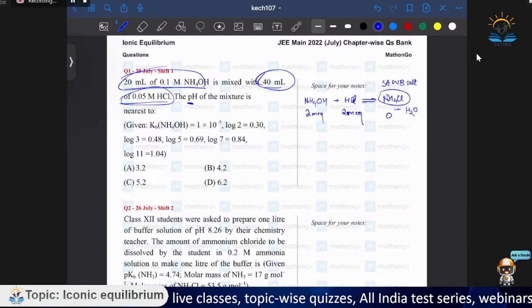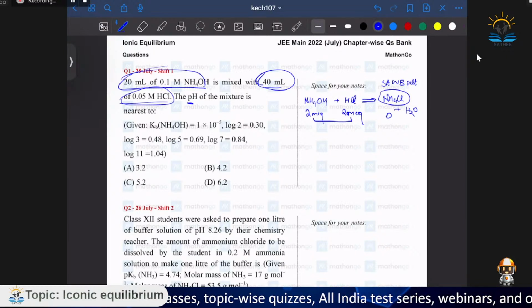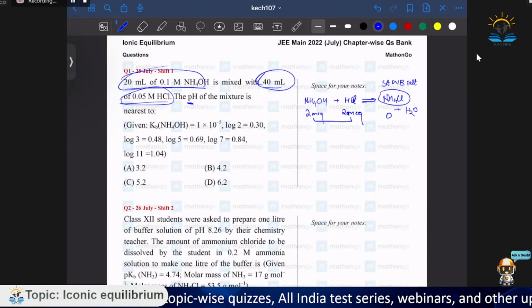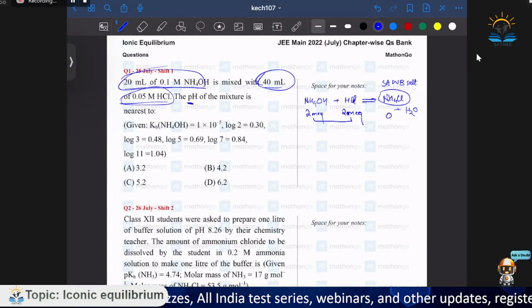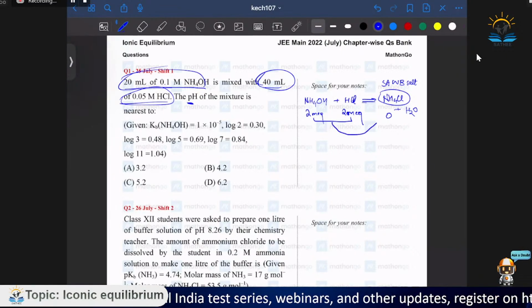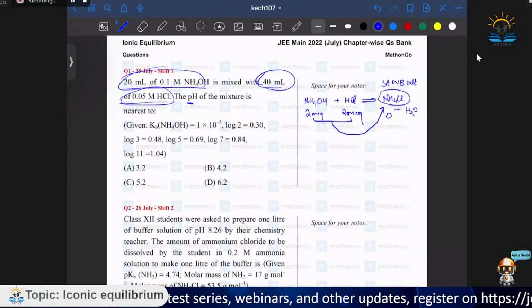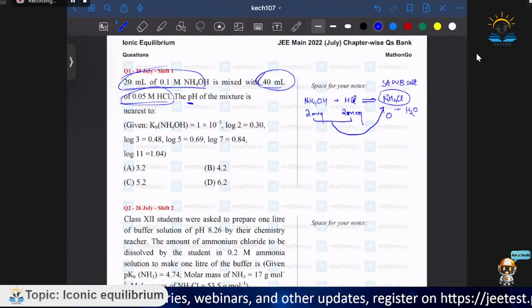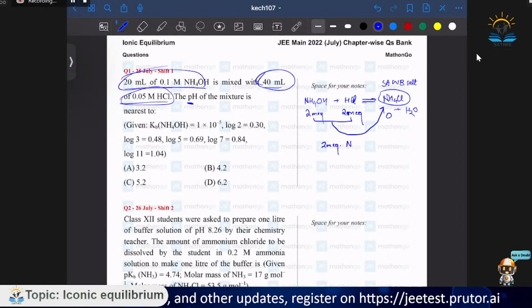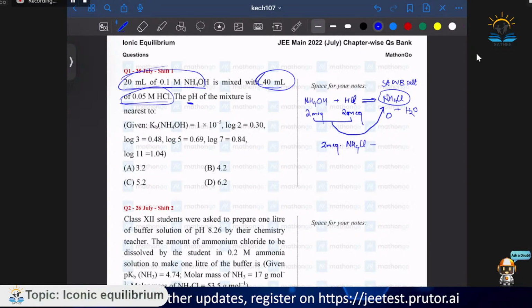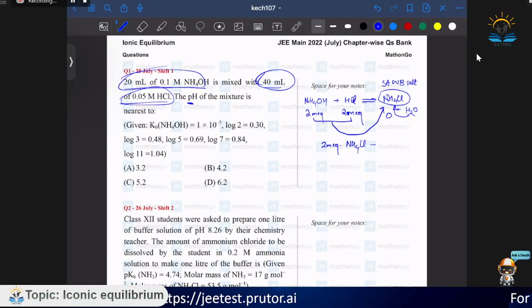So they are equal, and if they are equal, all of this will be converted into your salt. NH4Cl is present in the solution. Definitely H2O will hydrolyze some of it. There will be some salt hydrolysis.